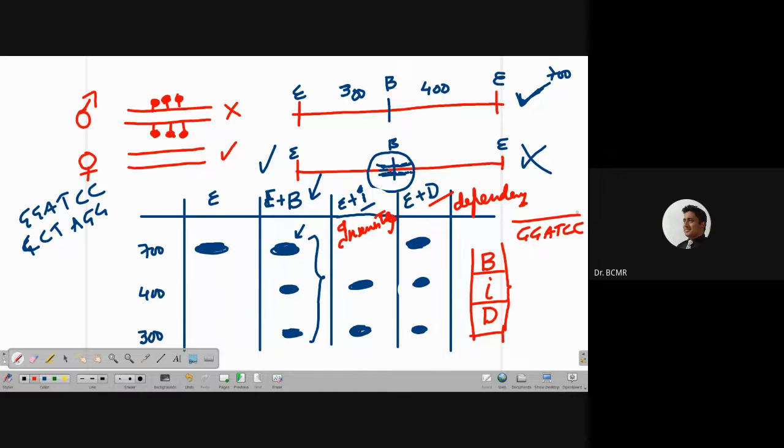But the concept is, BamHI will cleave only if unmethylated. The insensitive one that I said will cleave both, methylated or unmethylated. The dependent one will cleave only the methylated site. Based on that, we will get a gel pattern, and looking at the pattern, we should be able to identify the epigenetic status or methylation status of that DNA.